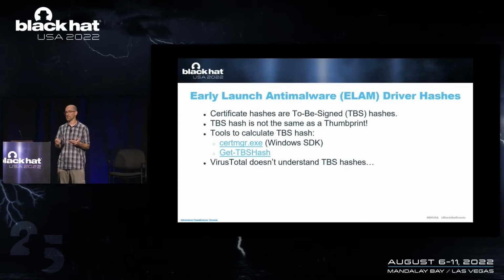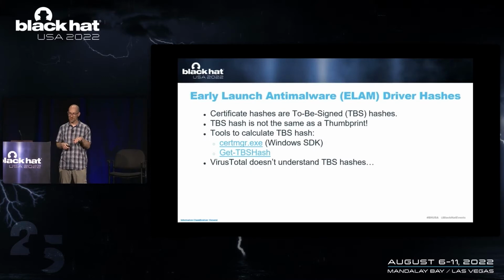Rather, these are TBS, or to-be-signed, hashes. Those of you who may be familiar with Windows Defender Application Control may have seen these quite a bit. It's just a slightly different hashing algorithm. I don't know the mechanics behind it, but it's based on the hashing algorithm that's specified in the certificate. So it's just a slightly different representation of the hash.